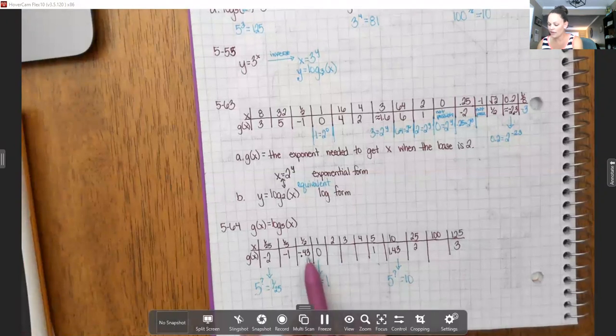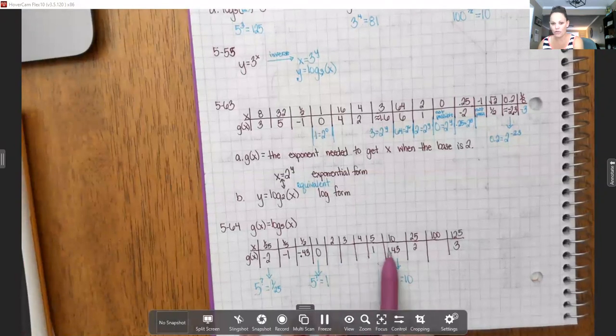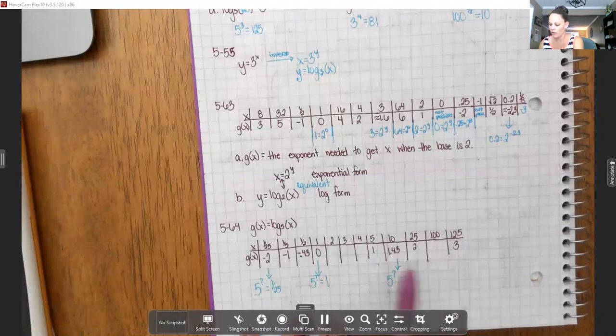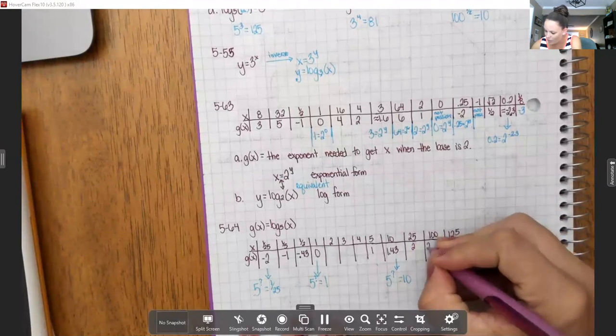So we can see that these numbers are going up, but they're going up slowly, right? When x was 5 all the way to 25, we just went from 1 to 2. When x was 25 all the way to 125, we went from 2 to 3. This one at 100, I'll tell you, would be 2.86.